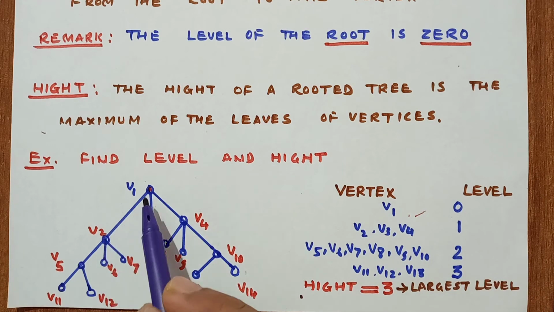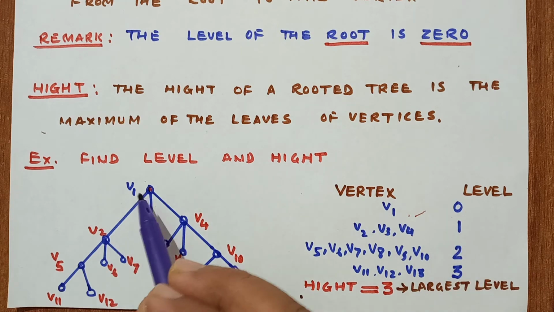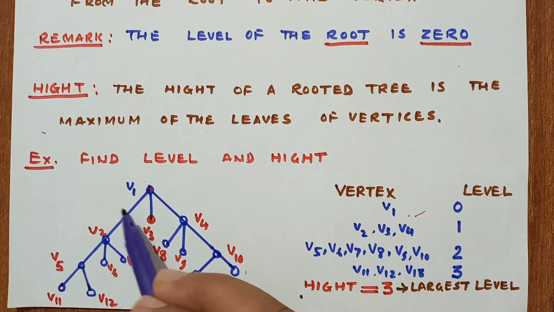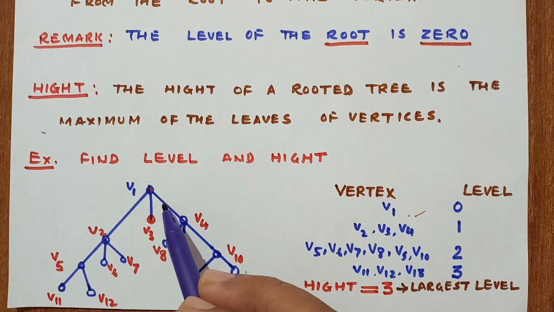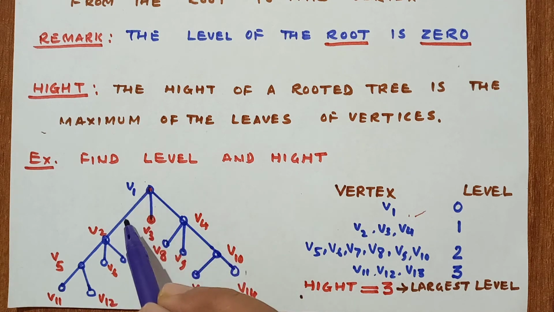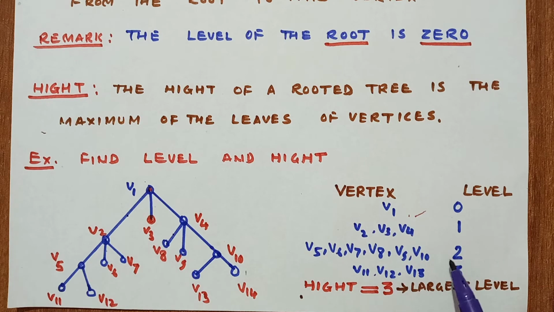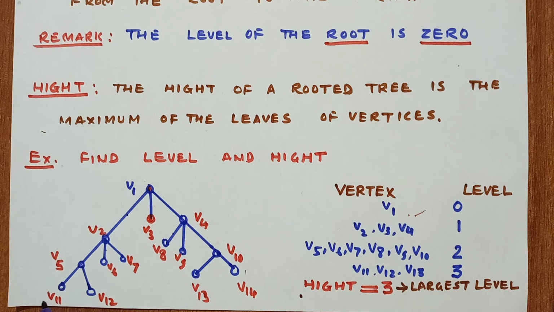After V1, V2, V3, V4 have label 1, because from the root the number of edges is 1. Similarly, if we count V6, V7, V8, first we count from V1: 1, 2, 1, 2, 1, 2. So it is 2. This is very easy to calculate for the other vertices.